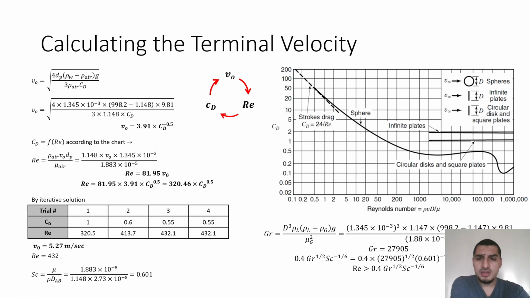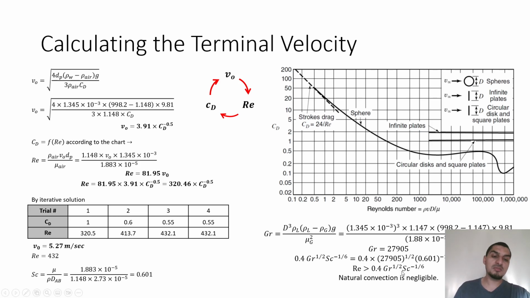And by the way, this is one thing that I changed in the problem's given information. The textbook says that the initial diameter was 1 millimeter, but if you use 1 millimeter, then this condition is not satisfied. And the solution in the textbook didn't include any check on this condition. So I increased the diameter a little bit in order to make this condition valid.